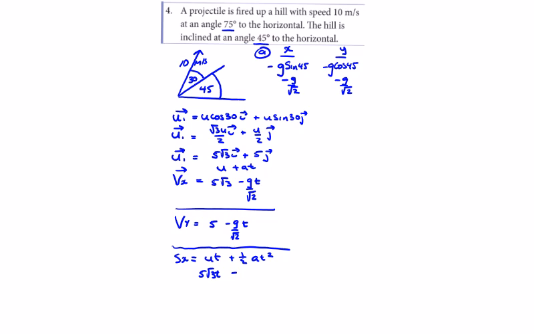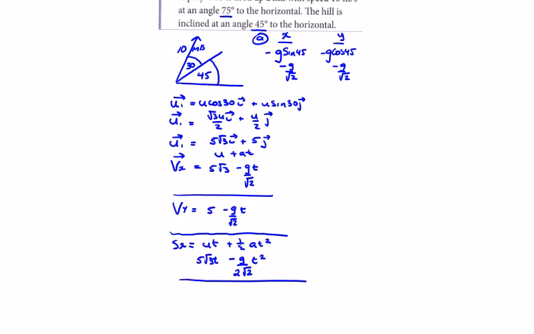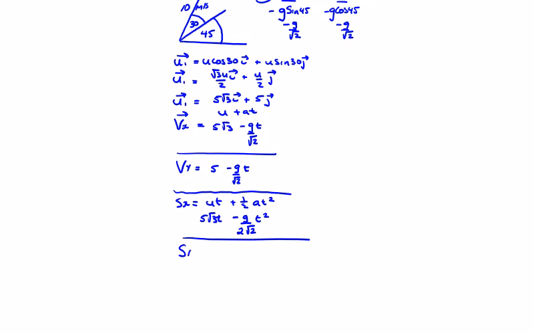So we're going to have minus g over 2 root 2, the half being the 2 part, and then the root 2 to g over root 2. And then that's times t squared. And then for y, displacement in y is going to be ut, which is 5, so 5t, and the accelerations are the same here, so they'll work out the same, gt squared over 2 root 2.